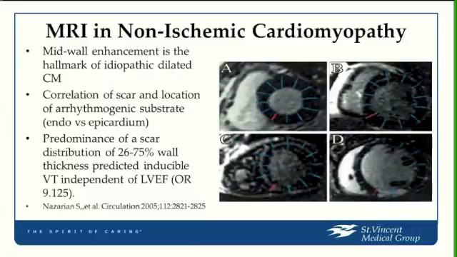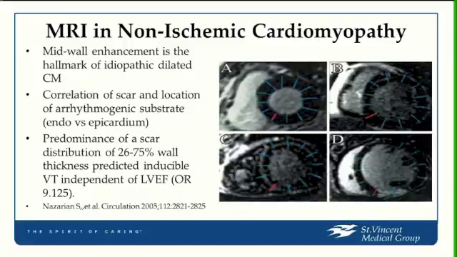You can do the same thing with non-ischemic cardiomyopathy. The hallmark of non-ischemic cardiomyopathy is mid-wall enhancement. Unfortunately, it doesn't project all that well here, but if you came up close, you would see scar in the mid-wall. And there's clearly a correlation of scar and the location of the arrhythmogenic substrate for endocardial versus epicardial discrimination.